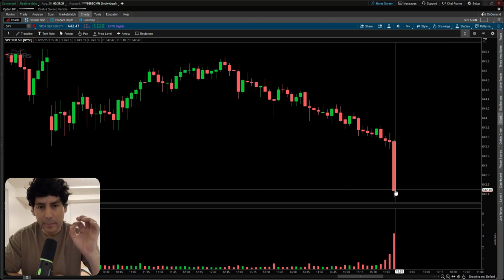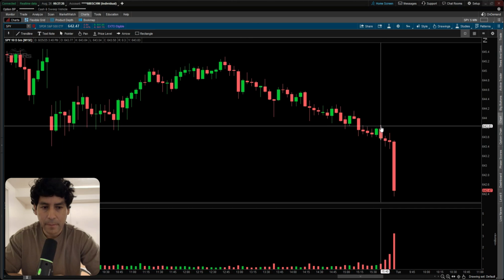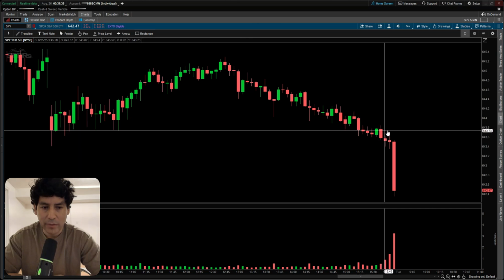When you enter with a bearish engulfing, the most important thing after you get in this trade is to set up your stop loss above the same candle, because this is a bearish engulfing.